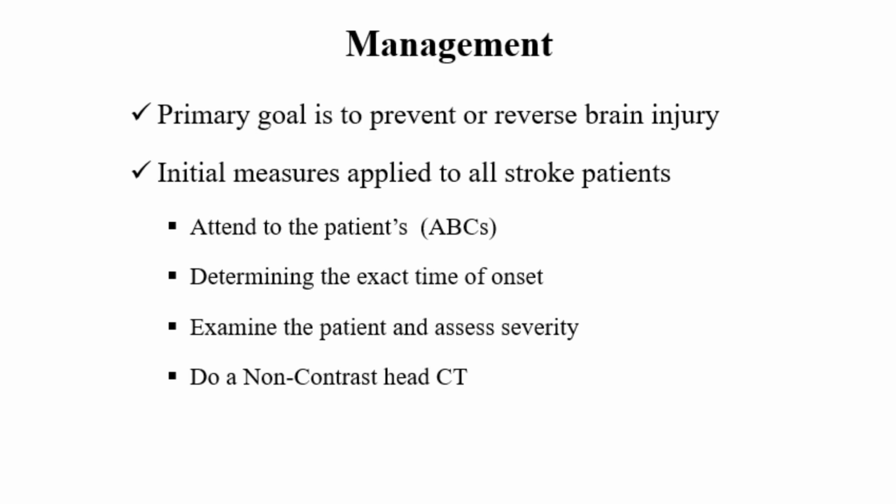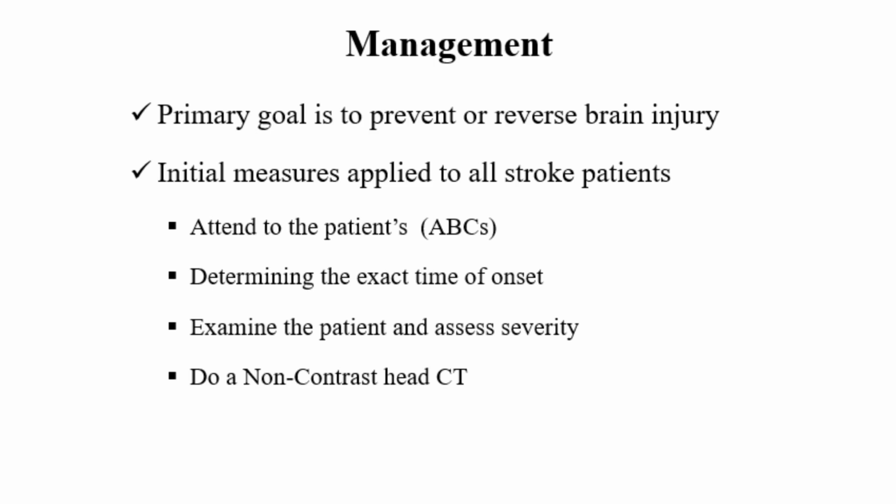So let's start from the first approach. The first approach is stabilization and initial assessment. That means we rule out other causes, because stroke is a medical emergency and it needs maintenance of vital functions as necessary.